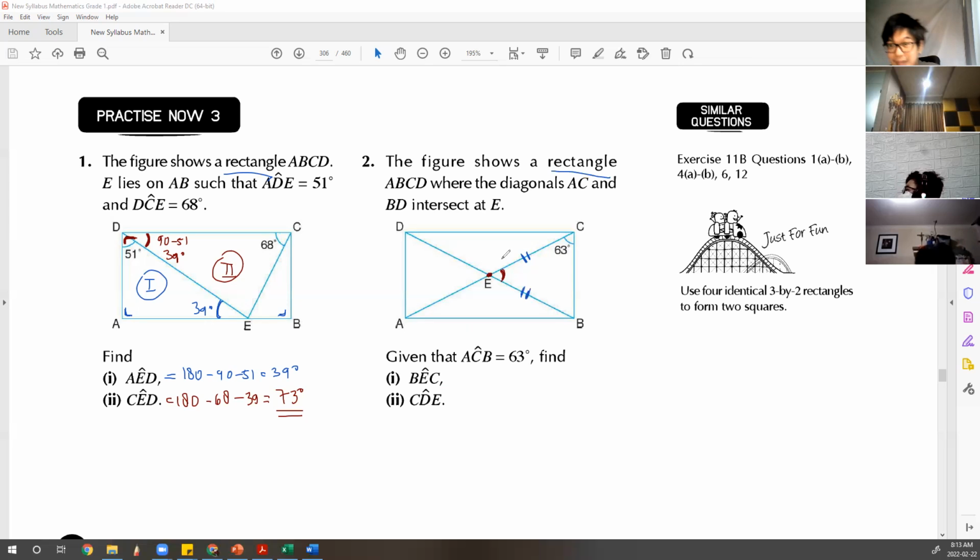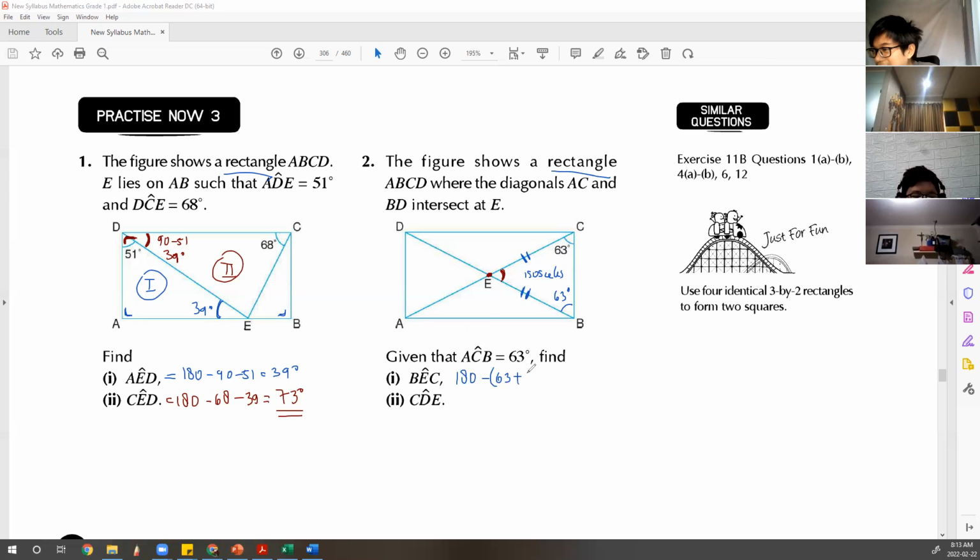The diagonals are bisecting, so we know that this triangle is isosceles. So if this is isosceles triangle, if this is 63, the other base is also 63, right? So you can calculate BEC simply just 180 subtract 63.